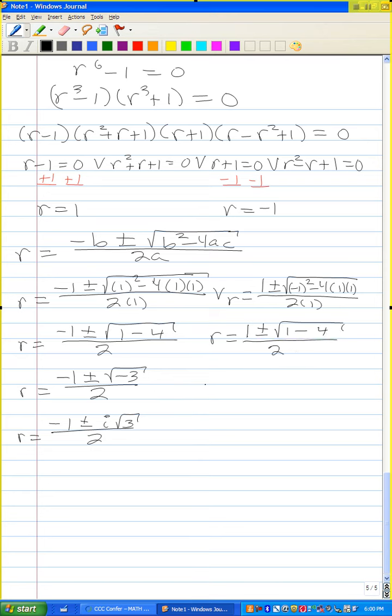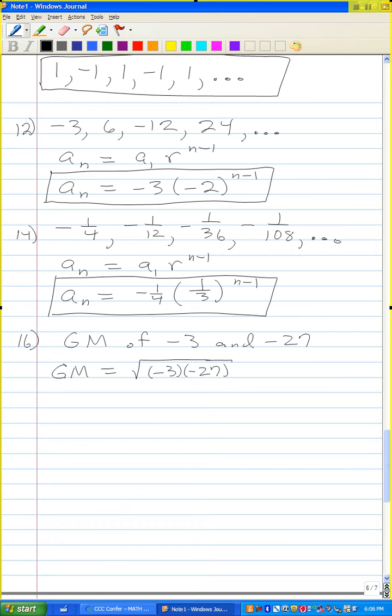In general, the geometric mean for n numbers will just be the nth root of the product of those n terms. And so let's see, this is equal to the square root of 81, and the square root of 81 is 9. So the geometric mean of these two numbers is 9.